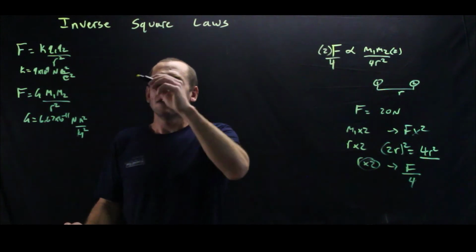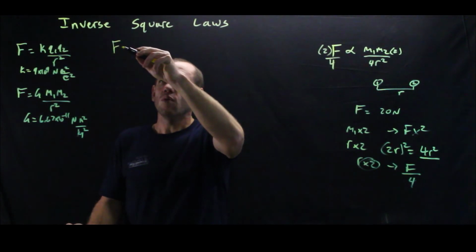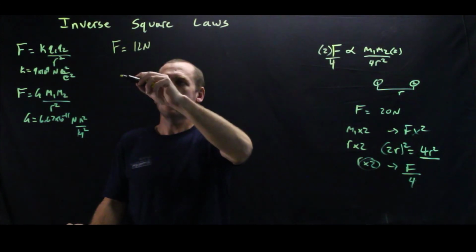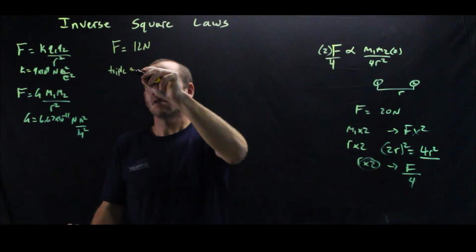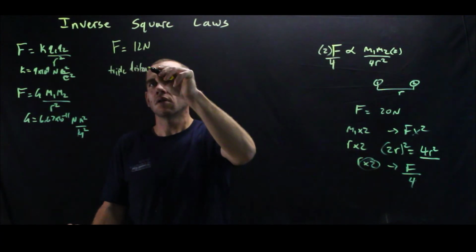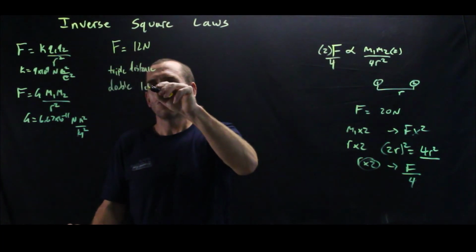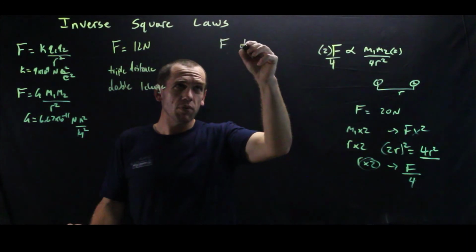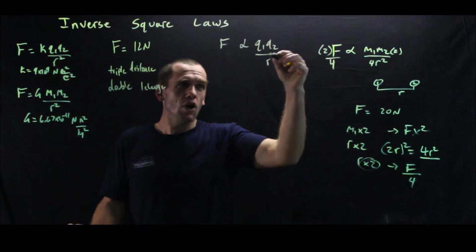So if I had, say, 2 charges, and the force between the 2 charges was equal to 12 newtons. And then I triple the distance and double one charge. What's the effect? Well, remember, force is proportional to the charges, Q1, Q2, over r squared.